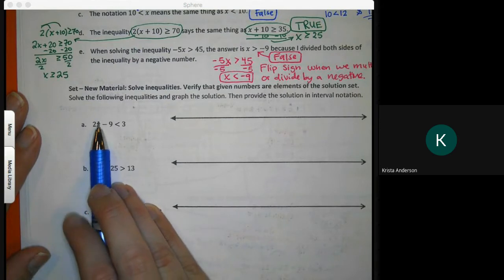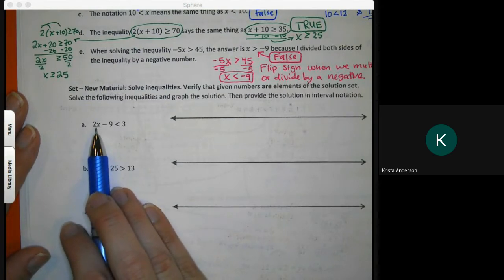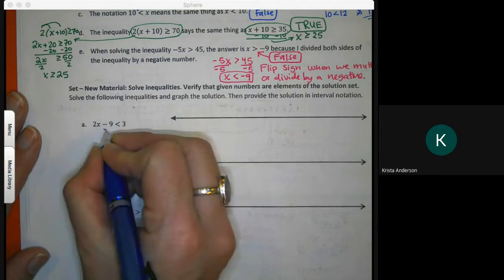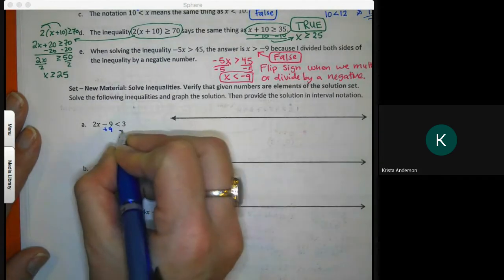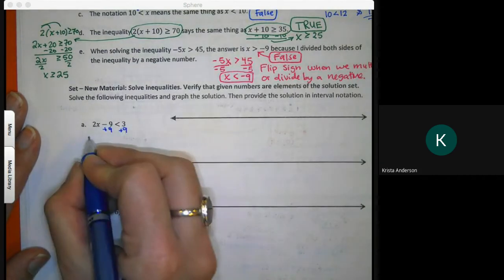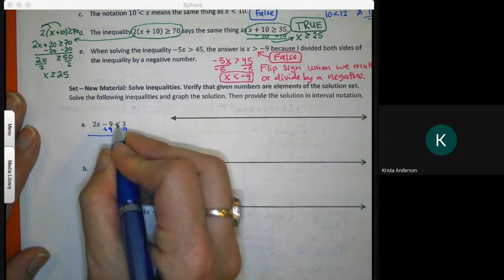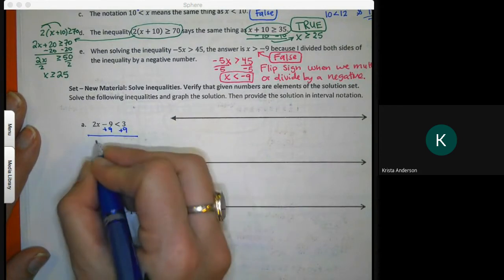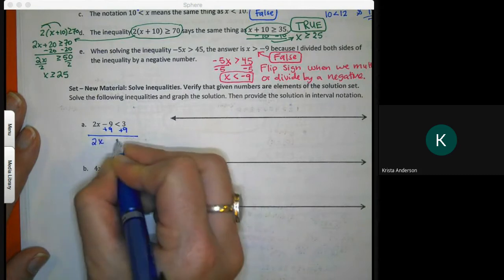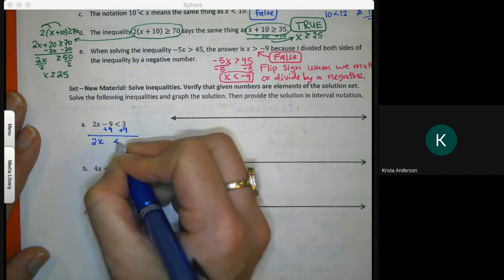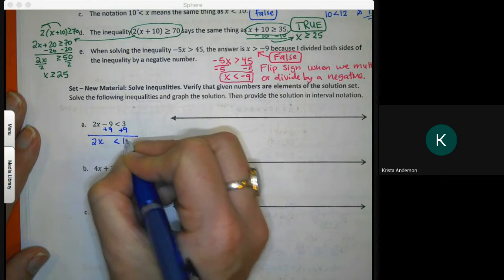To get x alone, I first want to move plus or minus signs. I'm going to add 9 to both sides. So I added it to the left side of the inequality and the right side. That would leave me with 2x, same sign, 9, 10, 11, 12.